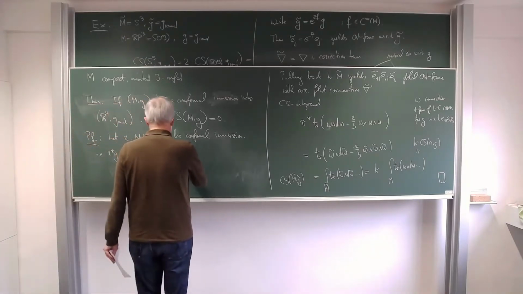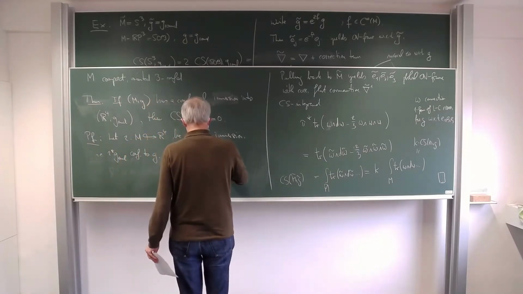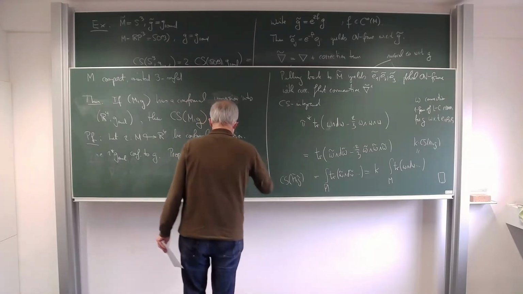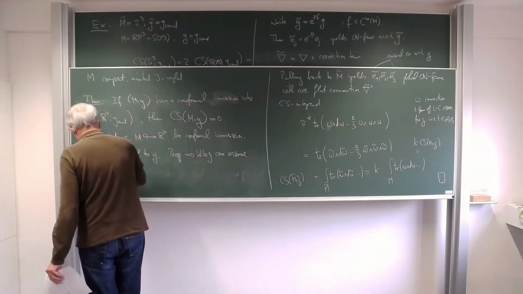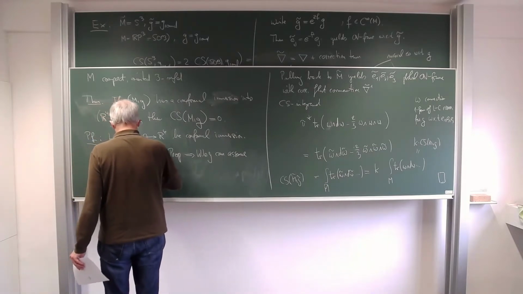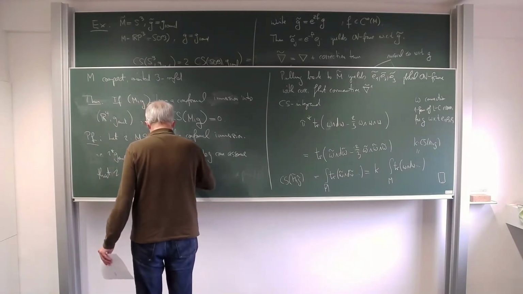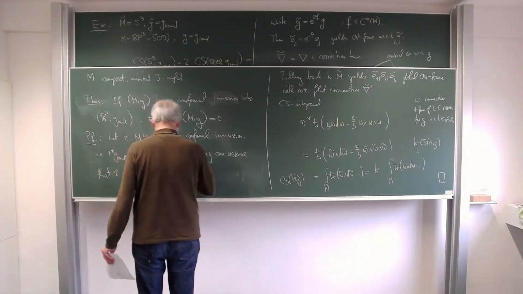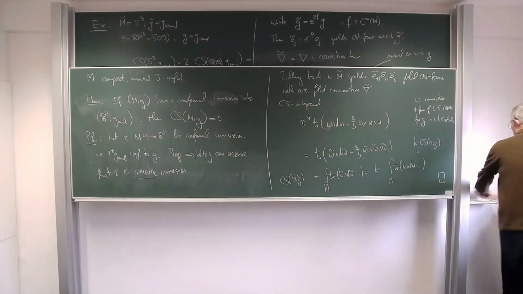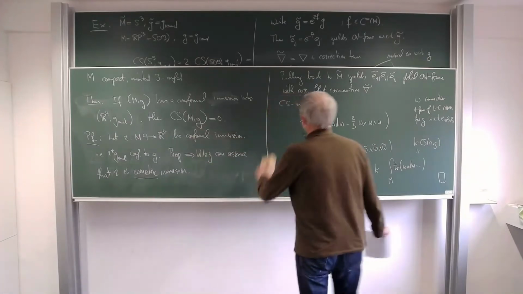Okay, so the proposition implies that without loss of generality, we can assume that iota is not just a conformal immersion, but actually an isometric immersion. So let's assume that, and get a vanishing of the Chern-Simons invariant.